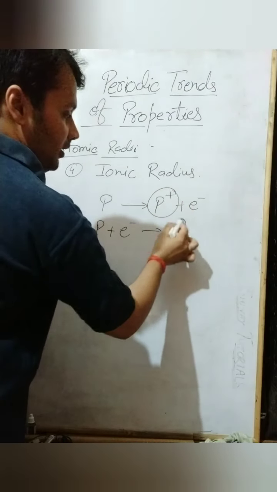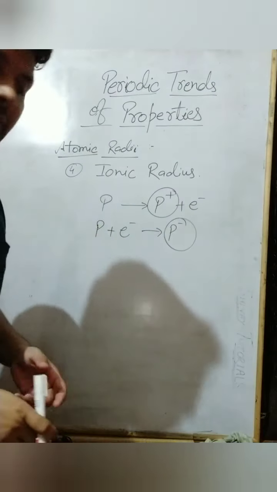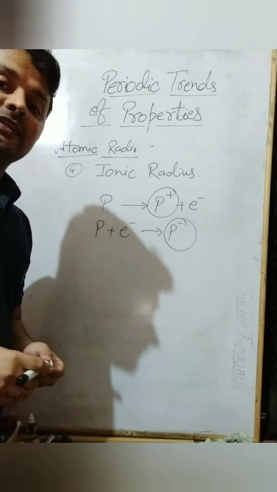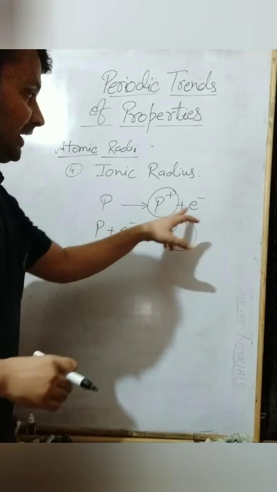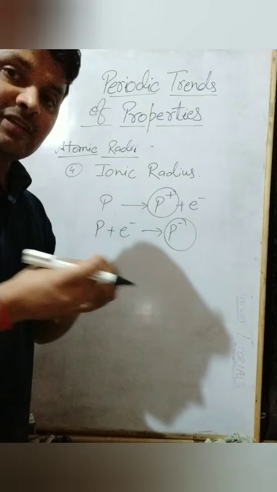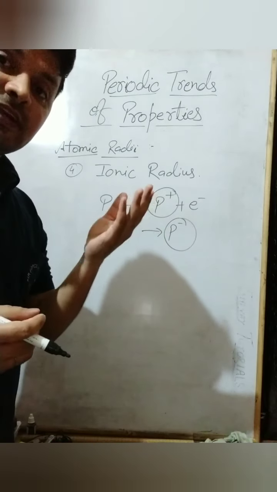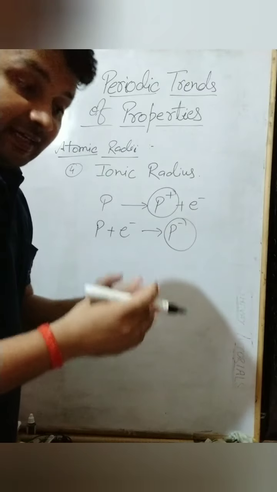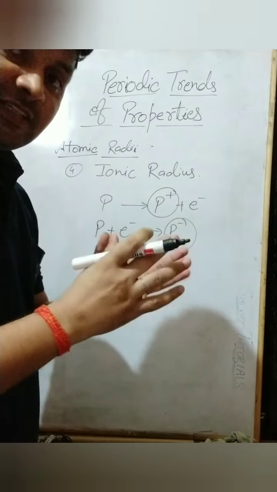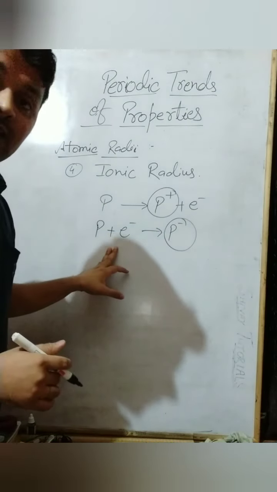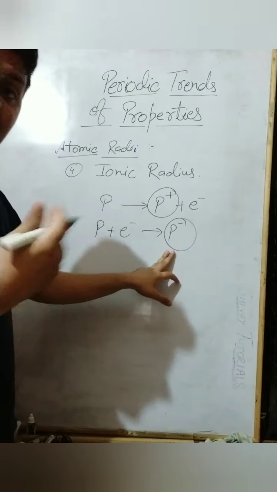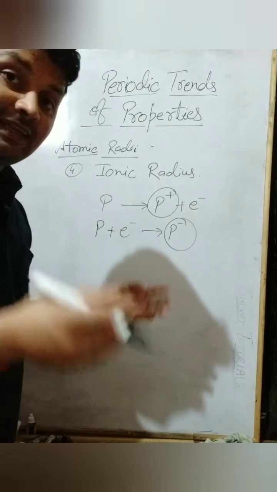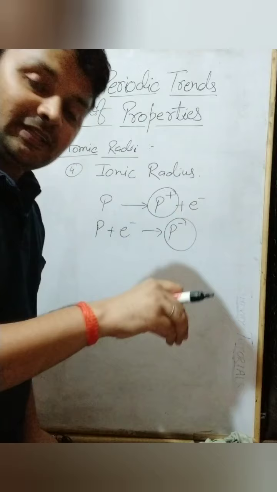a cation or anion. Always remember, it is very easy to understand that a cation is formed by taking out an electron. When an electron is taken out, the effective nuclear charge will increase, and what will happen? The atomic size will always decrease. In the opposite way, when anions are formed, an electron is given to the atom.